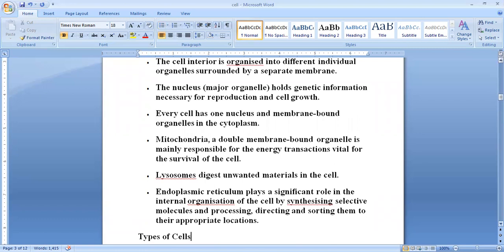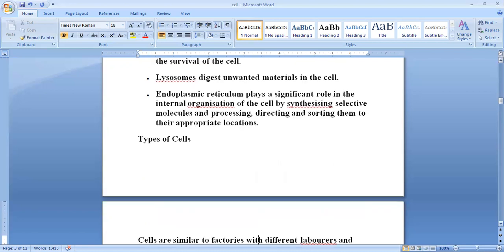Mitochondria are double membrane bound and responsible for the energy required for the survival of cells. Lysosomes digest unwanted material in the cell, and the endoplasmic reticulum plays an important role in the internal organization of the cell, by synthesizing selective molecules and directing and processing them to their appropriate locations.